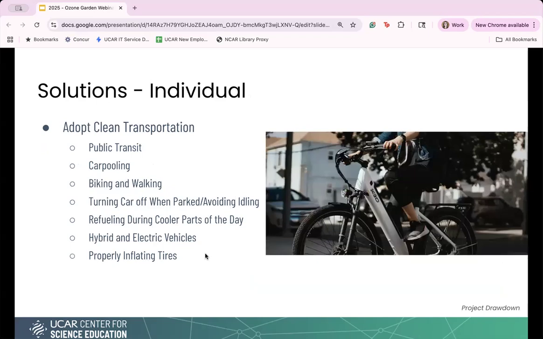And then individual, I have a few slides for this one. This first one is about clean transportation. So if you have the option to take public transit, if there's a bus, if there are trains, other ways you can share transportation, carpooling, biking and walking. If you're driving a car, turn that car off when parked and avoid idling.